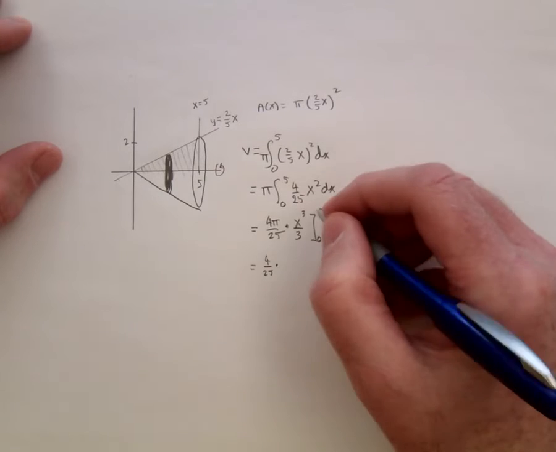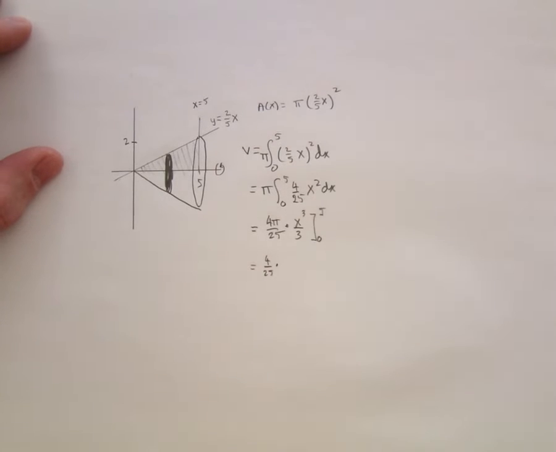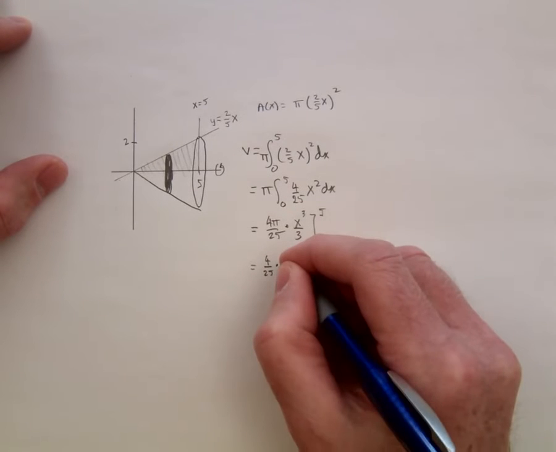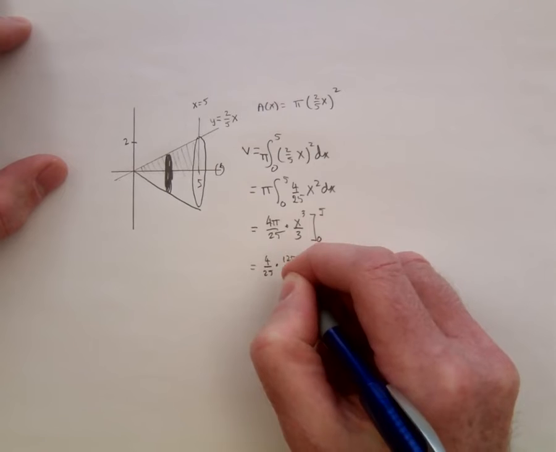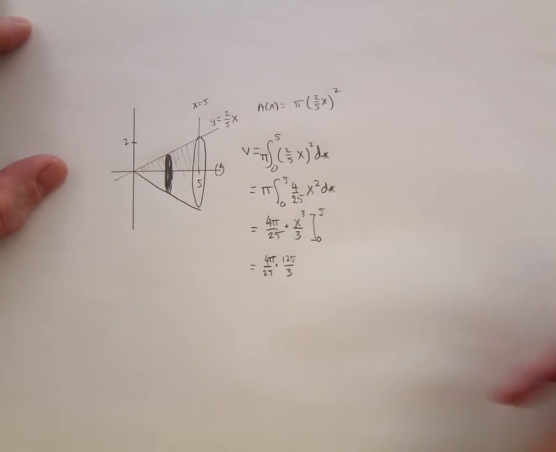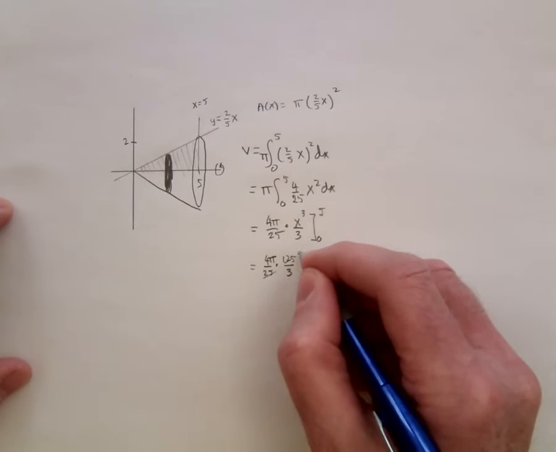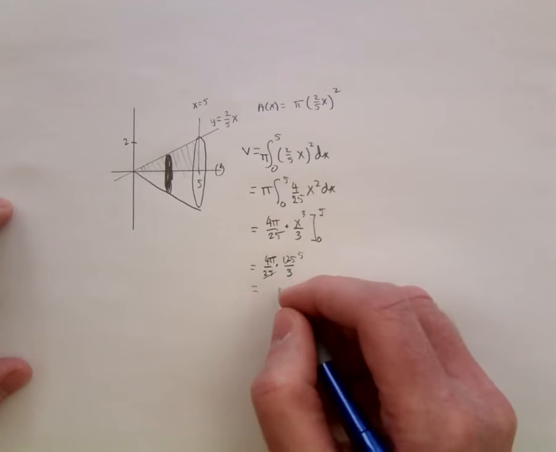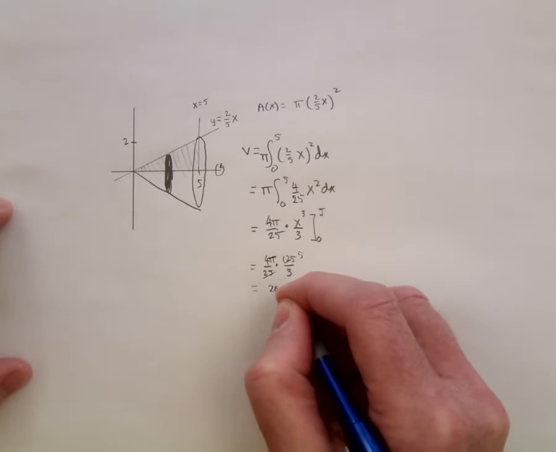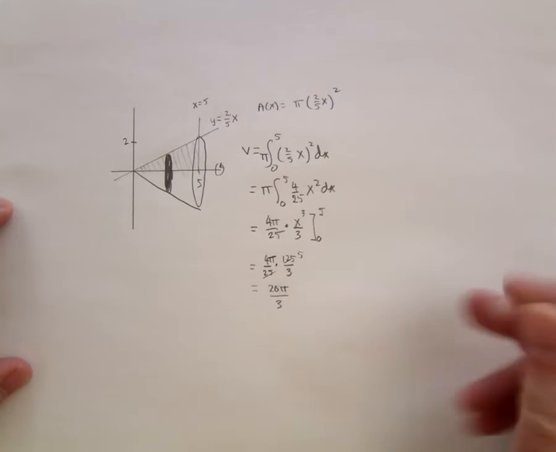Now 5 cubed is 125 over 3. And of course, 0 cubed is 0, so that's not going to give us anything. We can do some canceling of 25s, and we get something like 20 pi over 3.